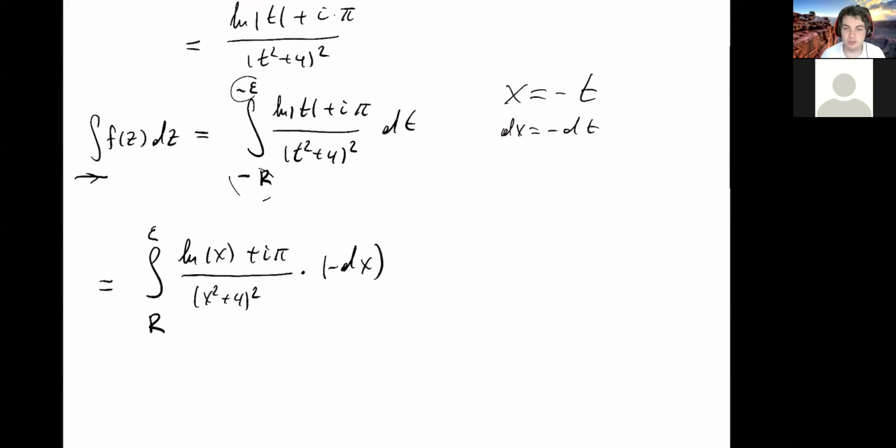How am I going to destroy this minus? Well, my limits are very weird. I don't want to integrate from r to epsilon. It's backwards. I want to integrate from epsilon to r. So I'll change the order of limits, and therefore this minus will disappear.